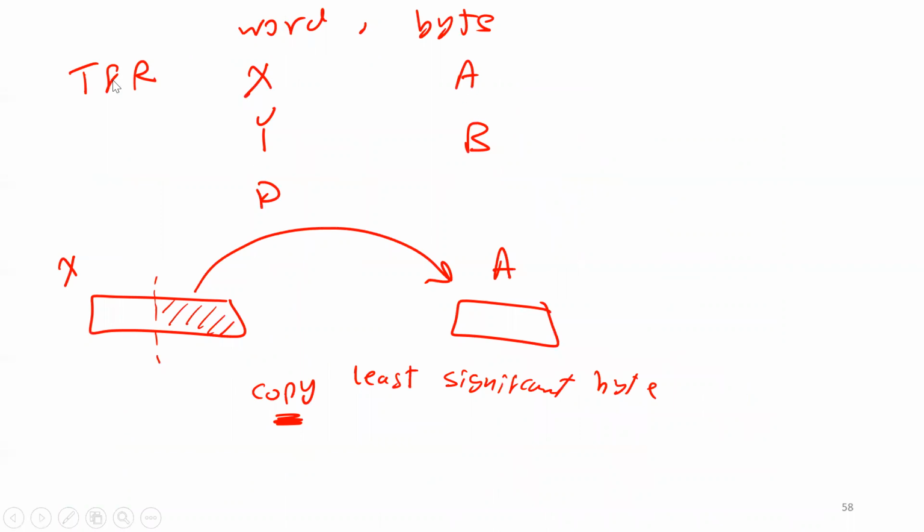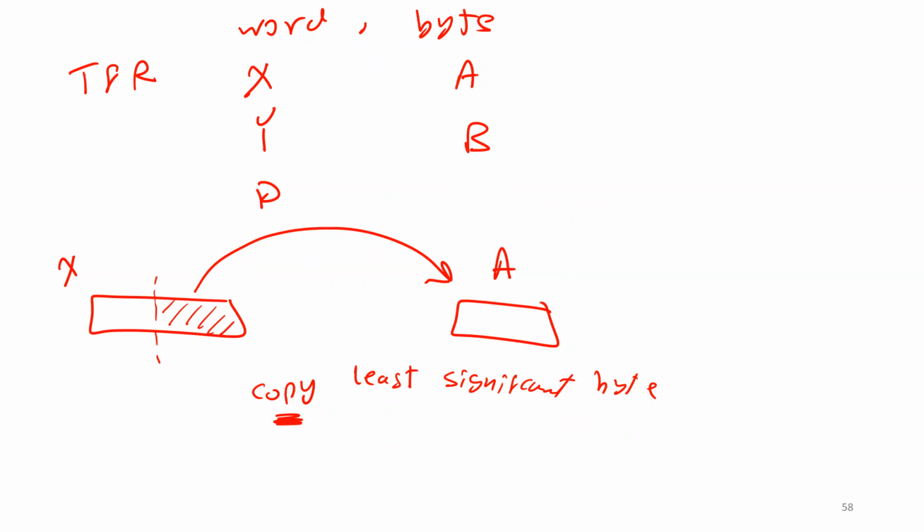You can say transfer and put here a word and here a byte. This is a word, as you see here. When you copy a word to a byte, what happens is you only copy the least significant byte. So I'm not going to take all of X. I'm going to take only the least significant byte and copy it to A. Now it makes sense because you are copying byte to byte. You understand what I'm saying?